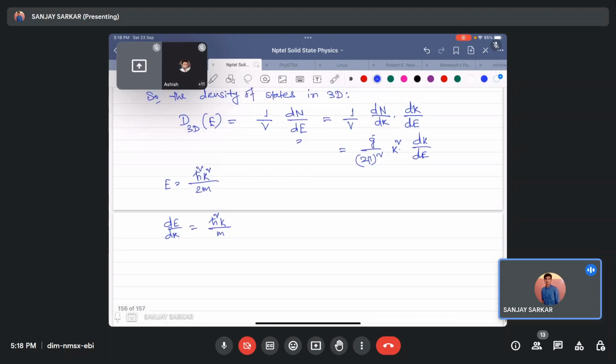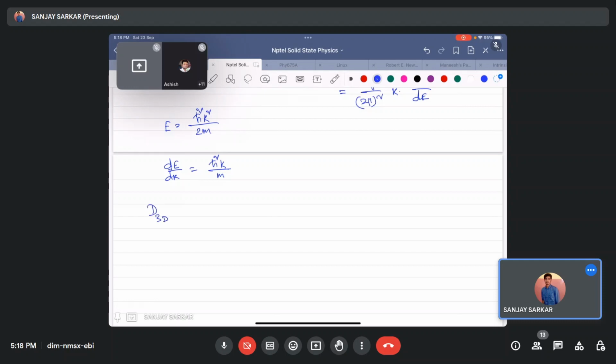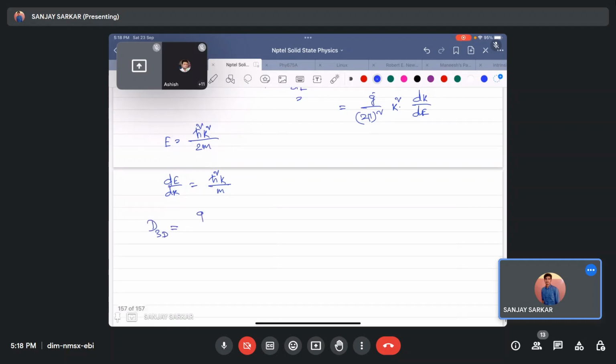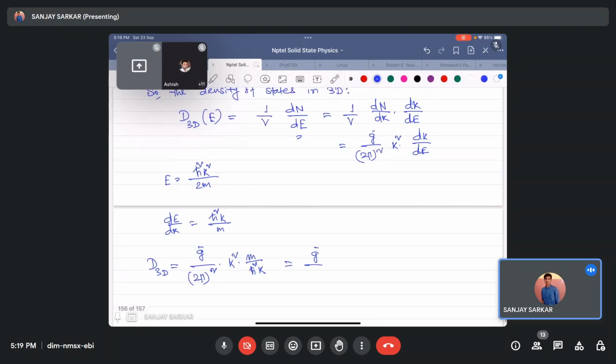So you will put this value in the expression of D3D, which is ḡ by 2π² into k² into dk/dE, which is the opposite of this, that is m by ħ²k. So we will ultimately get ḡ by, oh sorry, it is 2π², not whole square, it's 2π². So ḡ by 2π² into mk by ħ².